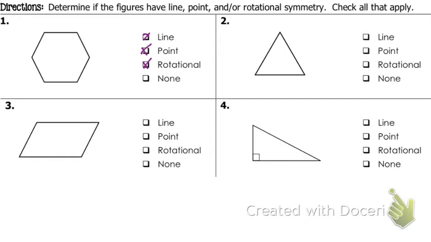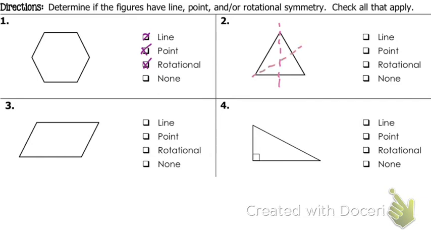Okay, I want you guys to try number 2 on your own here. Okay, does this one have line symmetry? Yeah, we could draw a line through multiple places. Maybe we could draw a line here. Could you also draw a line here? On this one, you can.